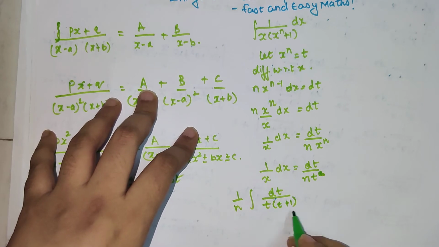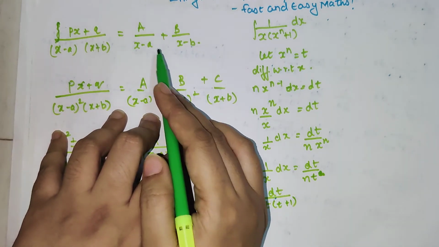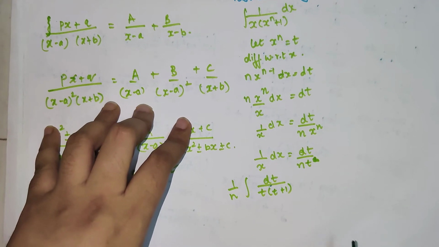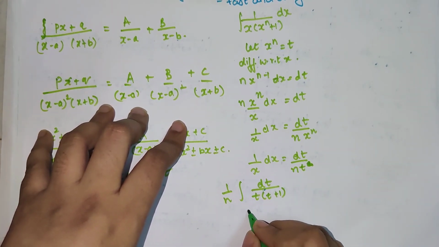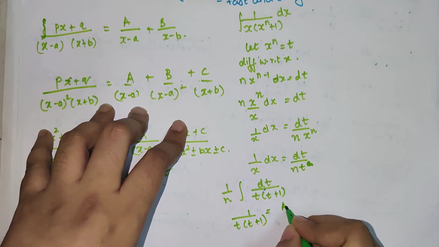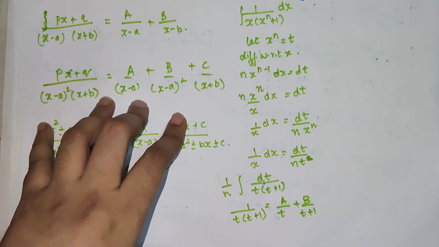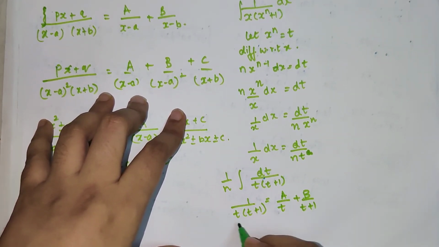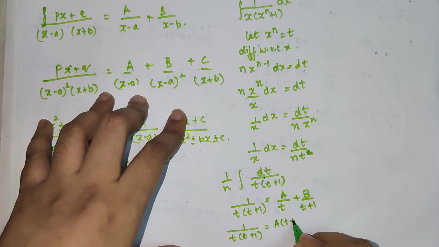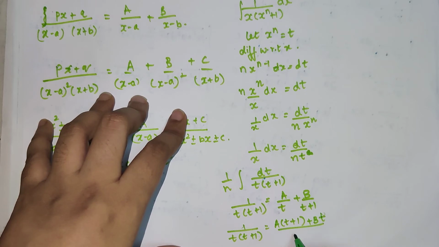Now here can I say that this is pretty much a partial fraction, so I can write 1 upon t into t plus 1 as nothing but a upon t plus b upon t plus 1. Now taking LCM on both the sides, I have 1 upon t into t plus 1 equal to a into t plus 1 plus b into t upon t into t plus 1.